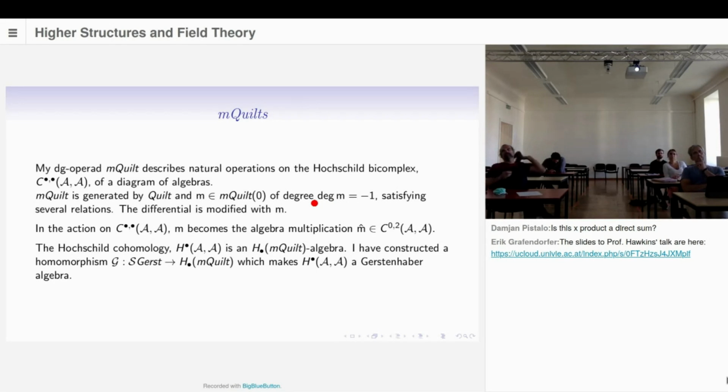But they're based on how a multiplication would behave in the action of Quilt on the Hochschild complex of a diagram of vector spaces.